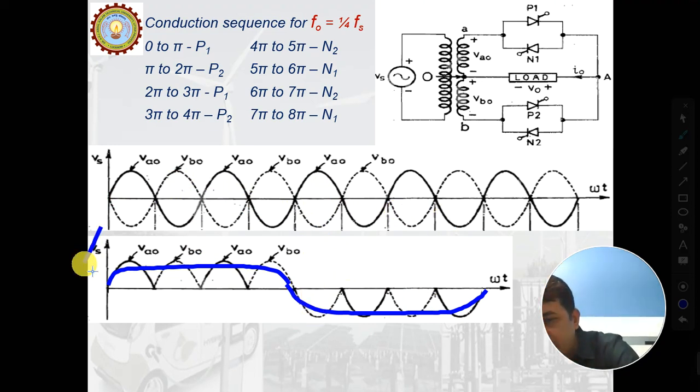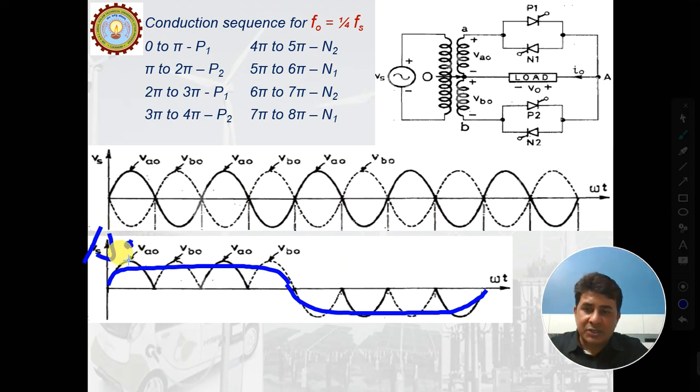I should write it V naught; this is a correction. Now V naught, the output, is 1 cycle, whereas the input had 4 cycles. So basically the 4 cycles of the input are converted into one single cycle. So we can say that the output frequency is equal to 1/4 of the supply frequency.